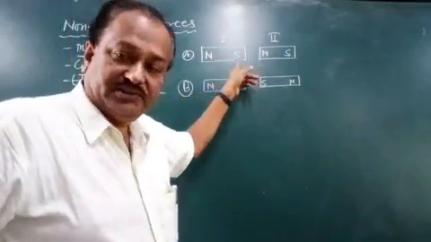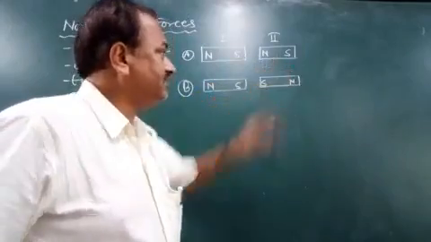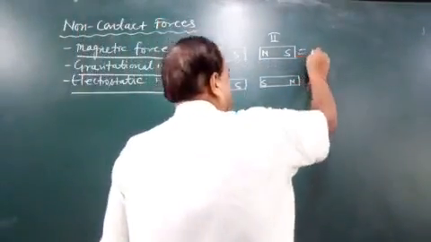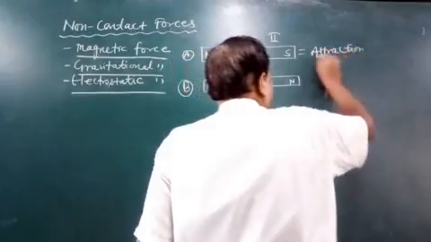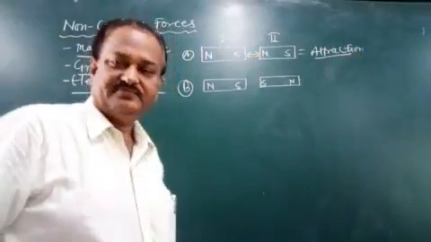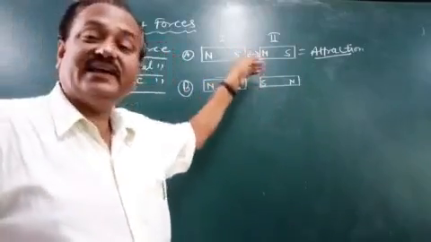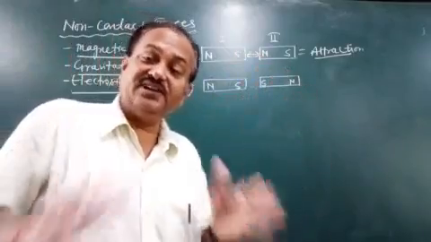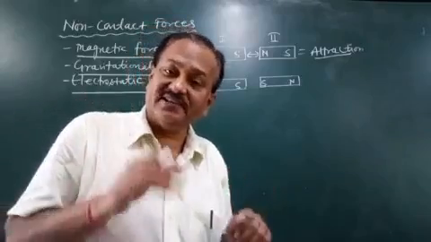So the south of the first is facing the north of the second, and in this case there will be attraction. They will attract each other, and there is air between the magnets. There is no direct contact.